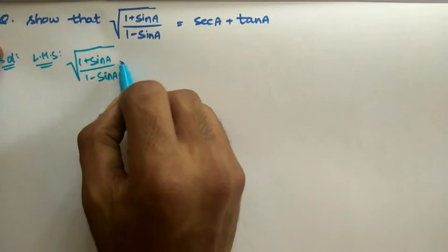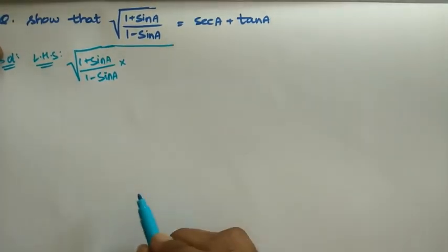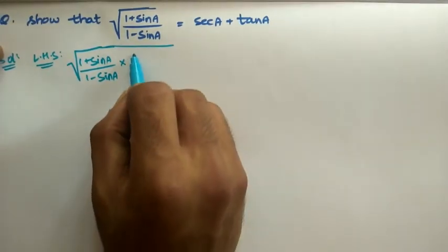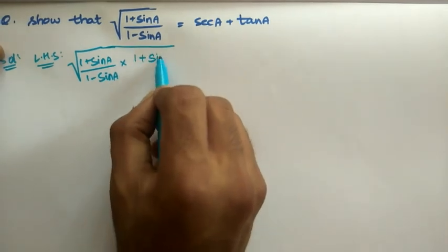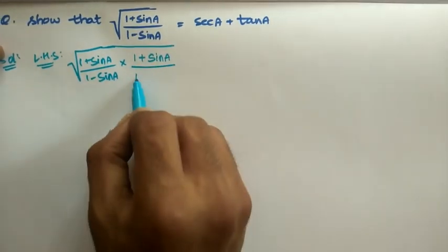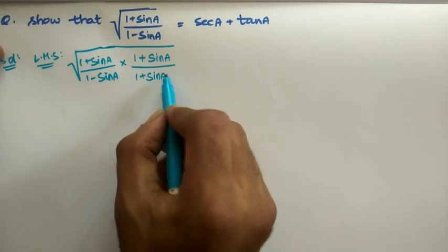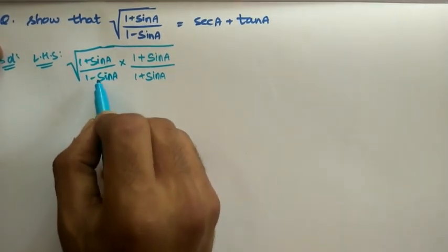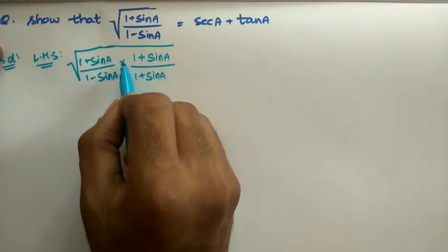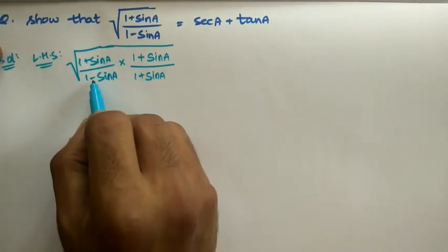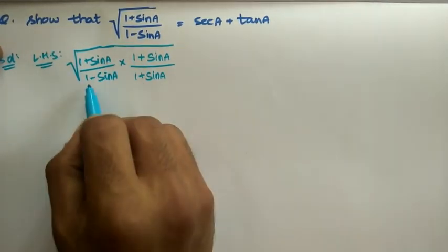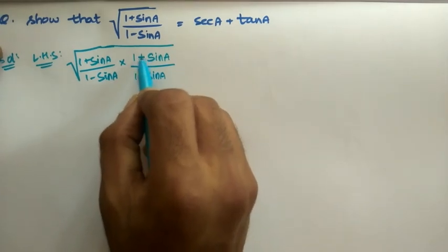So I will multiply with 1 plus sin A by 1 plus sin A. Because here it is 1 minus sin A, we need to multiply with the opposite sign. If it is minus, we place plus; if it is plus, we multiply with minus.